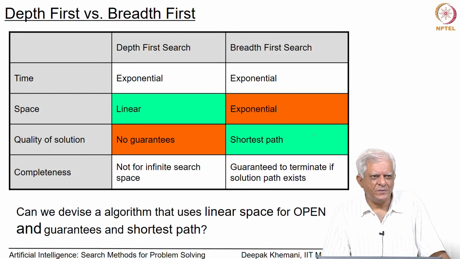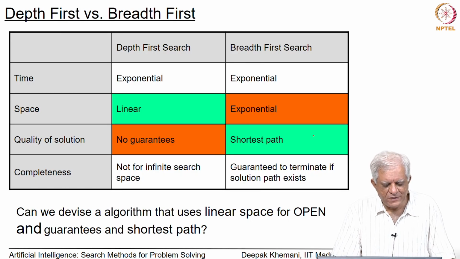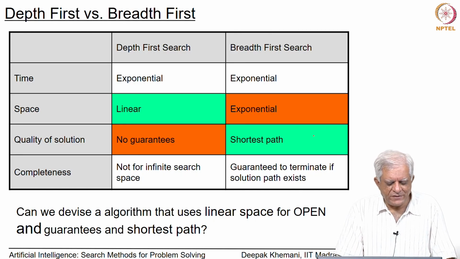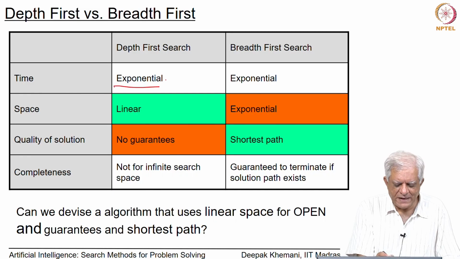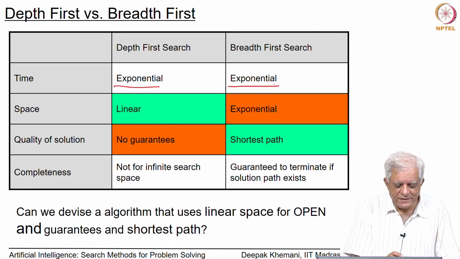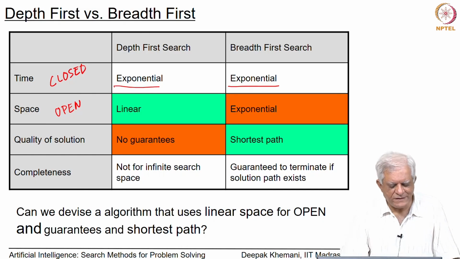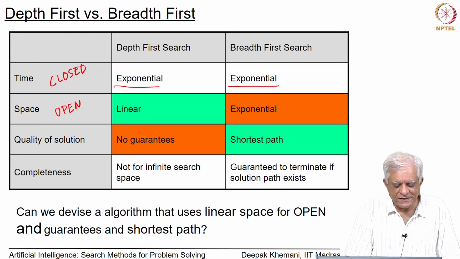So, if you look at these two properties of the two algorithms, you can see that for both of them time complexity is exponential in nature. If you look at space complexity, which is the size of open, time complexity can be thought of as the size of closed, because those are the nodes that you have seen, and space complexity is the set of candidates that you are keeping, which is the size of open.